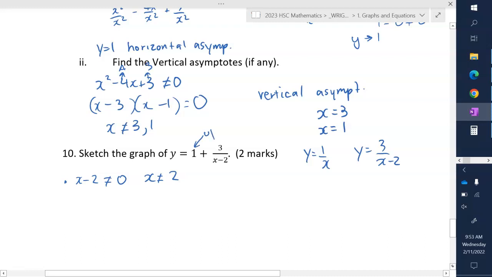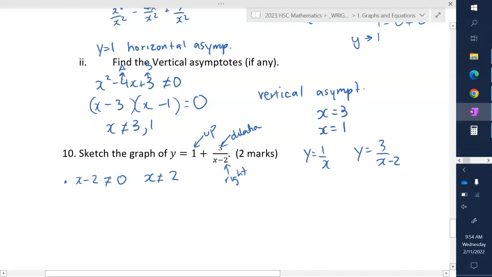So up 1, right 2, and we have a little bit of a dilation in there as well by a factor of 3. So before you even draw that, we should be confident that that's what the graph is. And if you've drawn something else, then you haven't got the right graph.